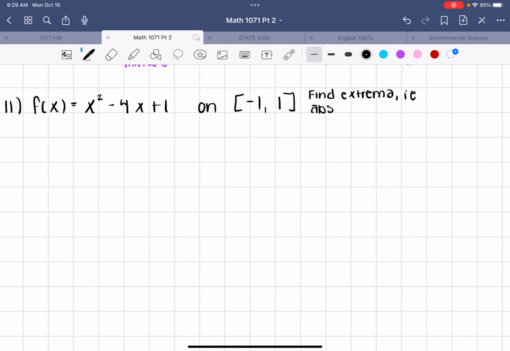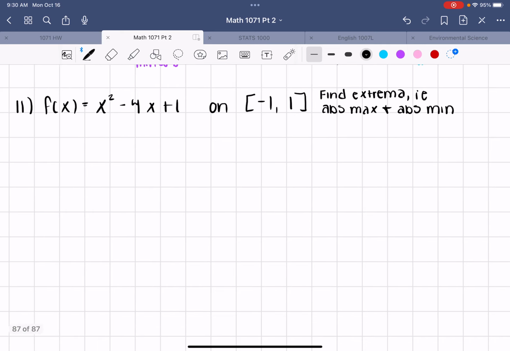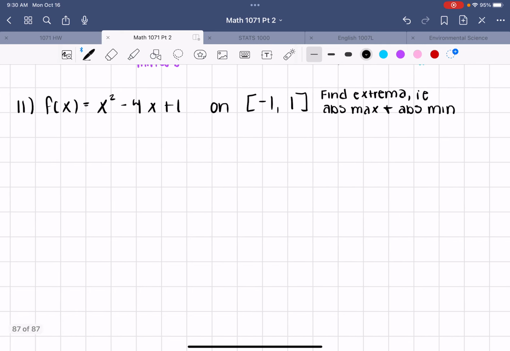Well, let's check it out. F prime is 2x minus 4. Set that equal to 0 and solve for x.